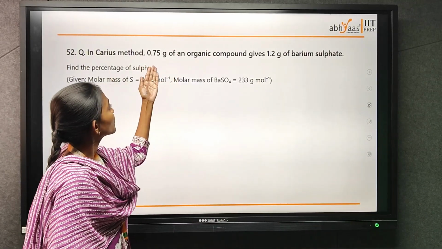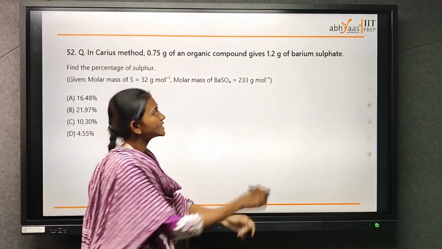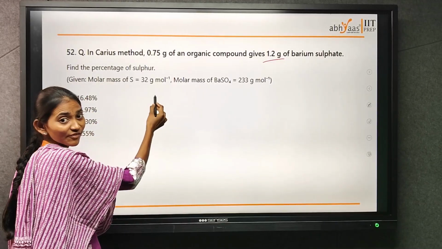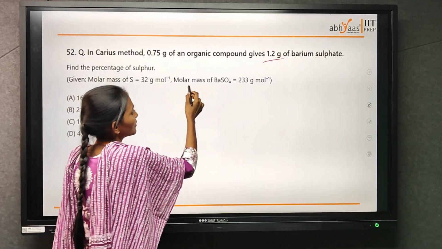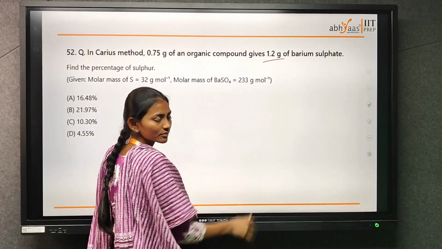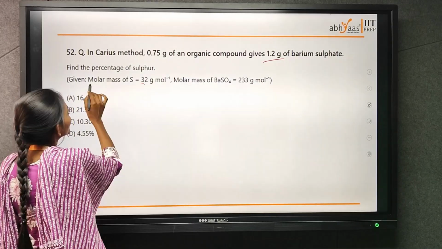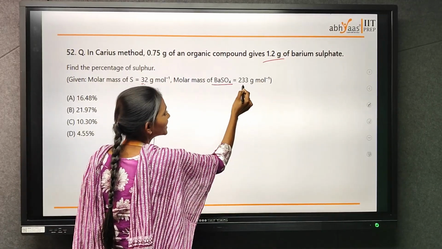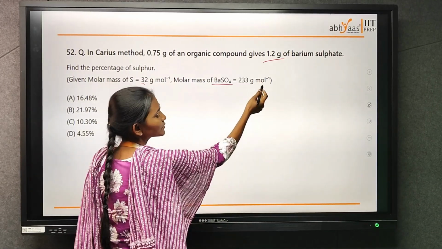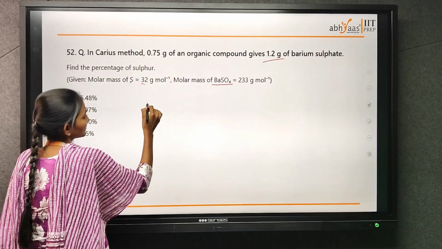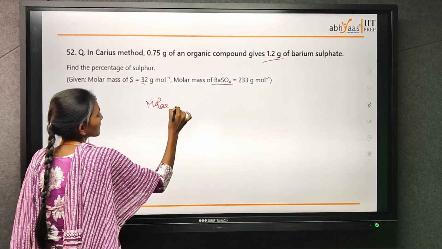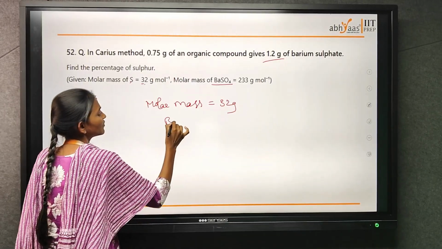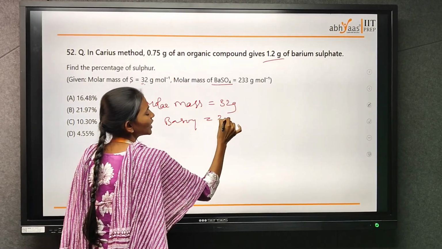In Carius method, 0.75 grams of organic compound gives 1.2 grams of barium sulfate. They have given the molar mass of sulfur as 32 grams per mole and the molar mass of barium sulfate as 233 grams per mole. So we know the molar mass of sulfur is 32 grams, and barium sulfate 233 grams.